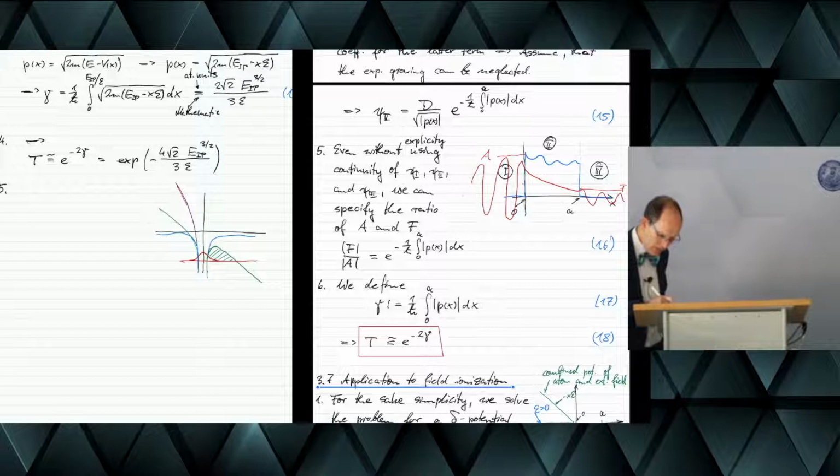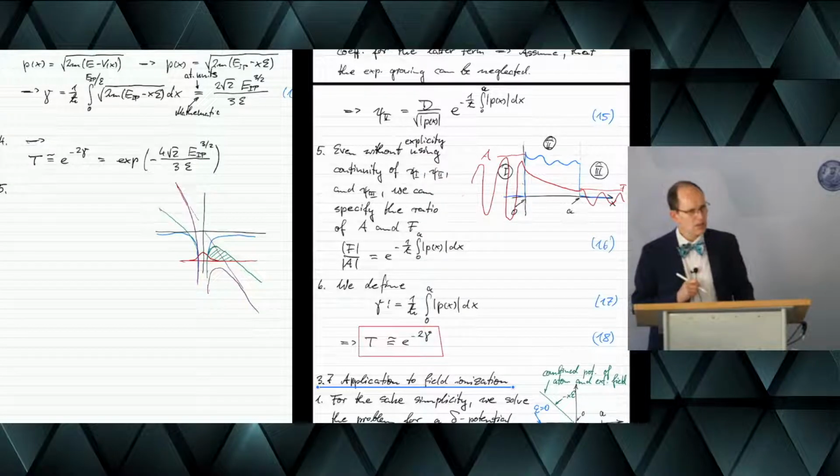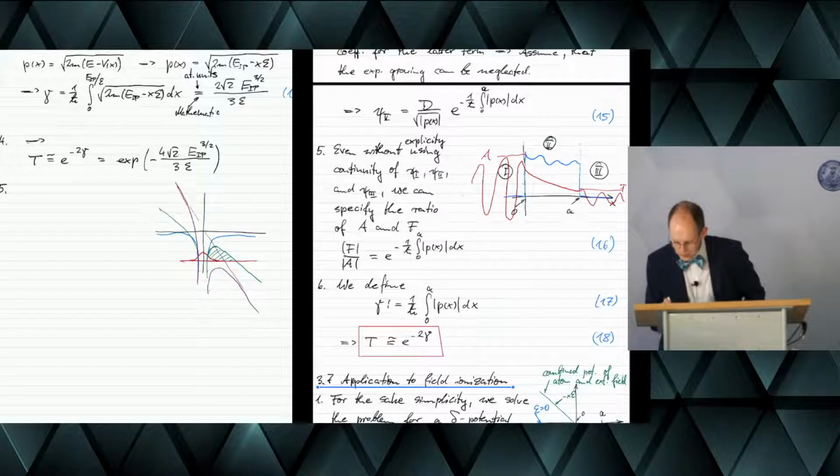So if we apply a really strong field, then we may have this situation, right? Which means that there is no tunnel any longer.